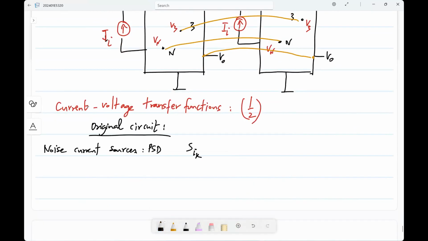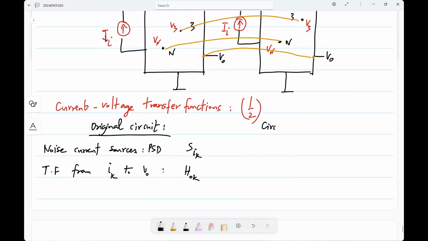So let's say that we represent the noise of every component with current sources. That is possible, we know, right? And the transfer function from IK to VO, that is something. So let's say HOK, right?